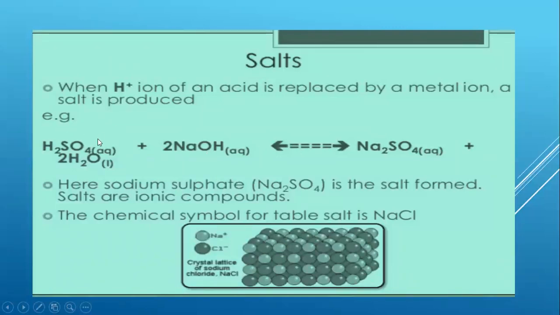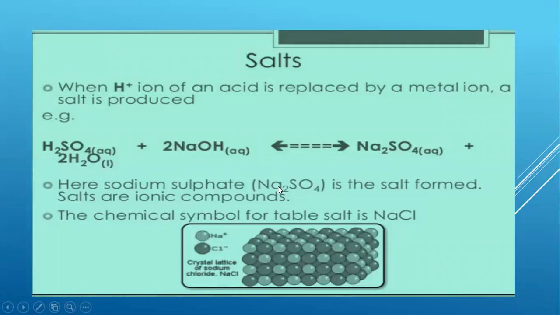Like sulfuric acid is an acid, NaOH is a base. In this reaction, from sulfuric acid, these two hydrogen ions are replaced and the product produced is Na2SO4. That Na2SO4 is known as salt. Along with salt, water is also produced in this reaction.